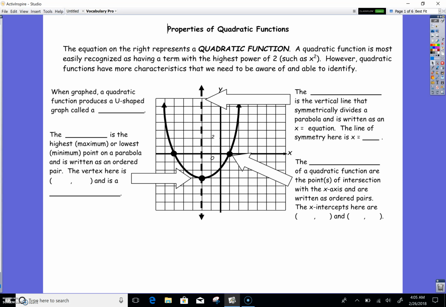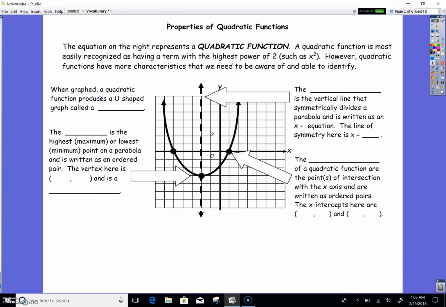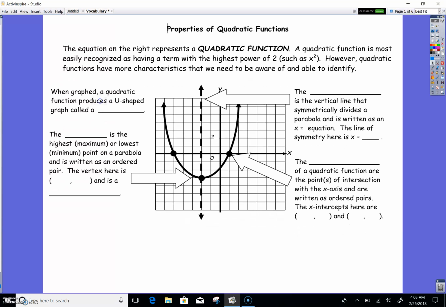The U shape is called a parabola. So look, a parabola. Remember, linear functions is a straight line. This is linear.